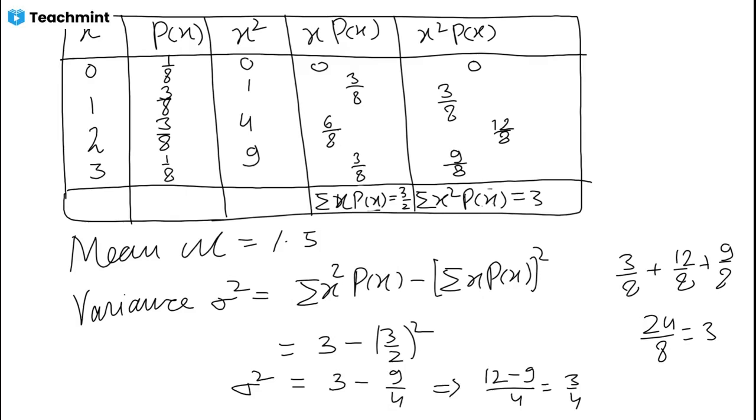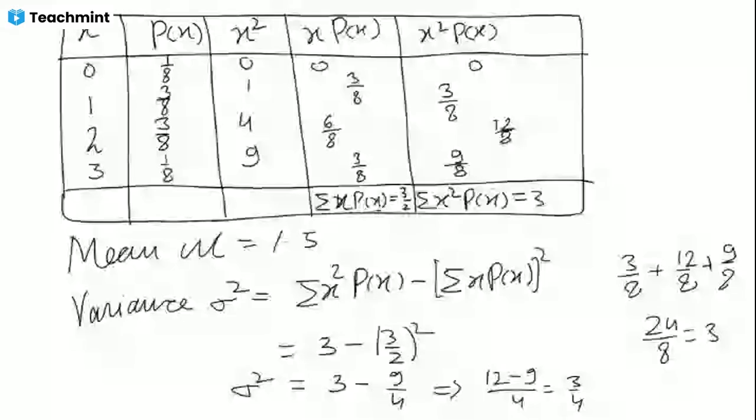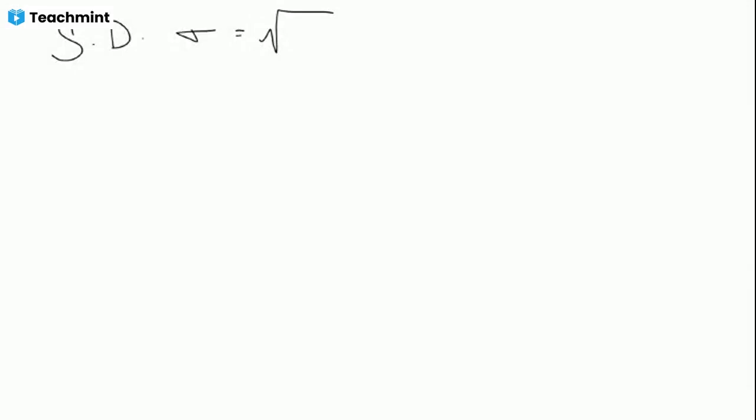And now let us find the standard deviation, the square root of variance. In short, SD is the square root of 3 by 4, and we can write it as root 3 by 2.